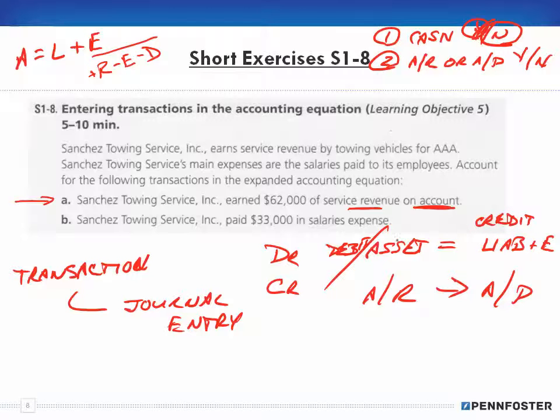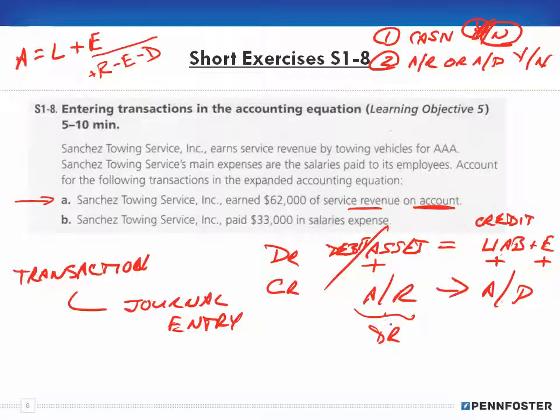Now remember, the normal balance is what increases those categories of accounts. So a debit increases an asset and a credit increases a liability. Notice that if I have an accounts receivable, I'm debiting it. I had said that accounts receivable and accounts payable are two sides of the same coin.